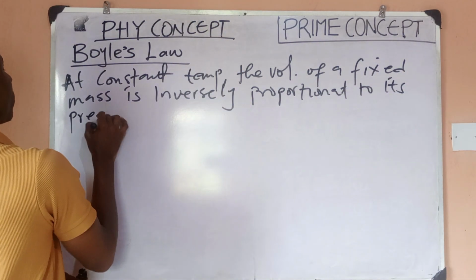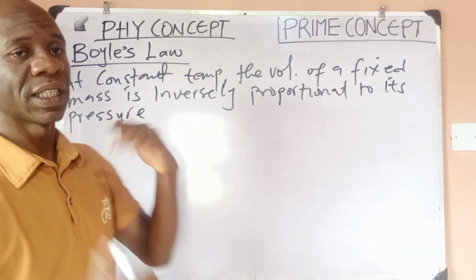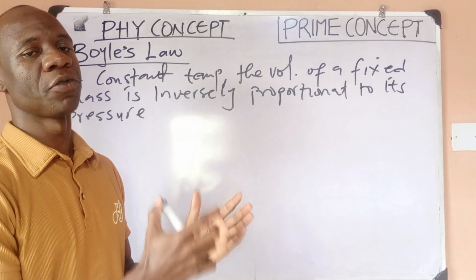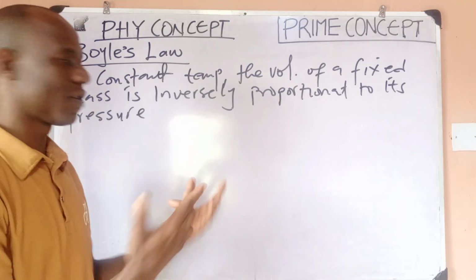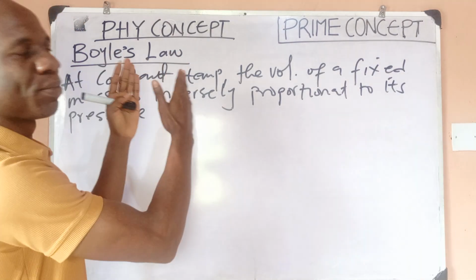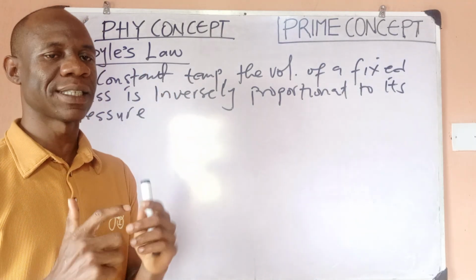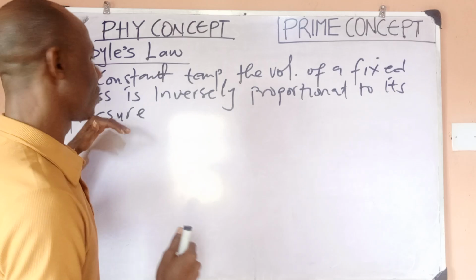You can still say that the pressure is inversely proportional to volume. It's still the same thing, right? Because both of them are inverse to each other. So at constant temperature, the volume of a fixed mass of gas is inversely proportional to the pressure.